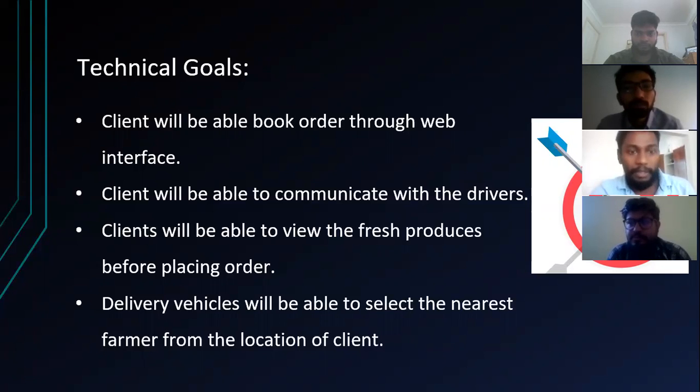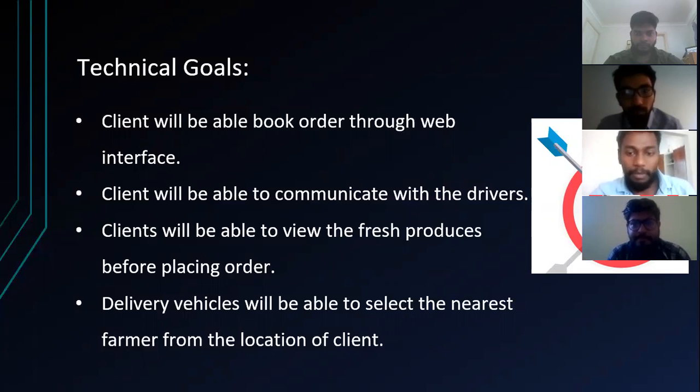The second thing is that clients are able to communicate with the drivers, as the drivers are too far from the client and can't be in touch with them. There should be communication between the client and the driver so that they can manage the products and the drivers can deliver them. The third thing is that everybody wants good products, whether by seeing them or physically.